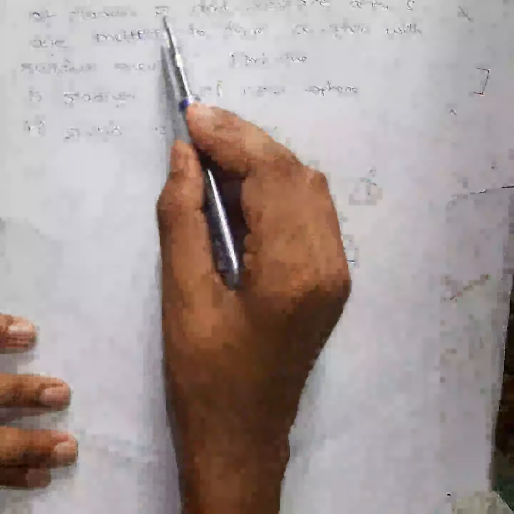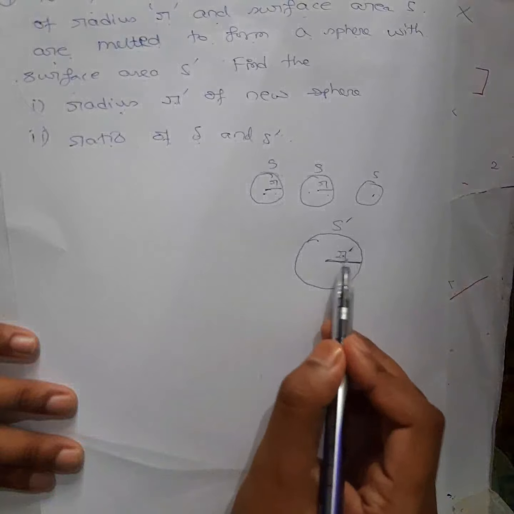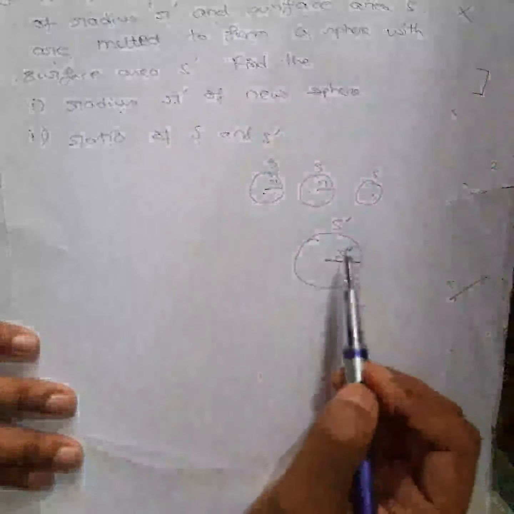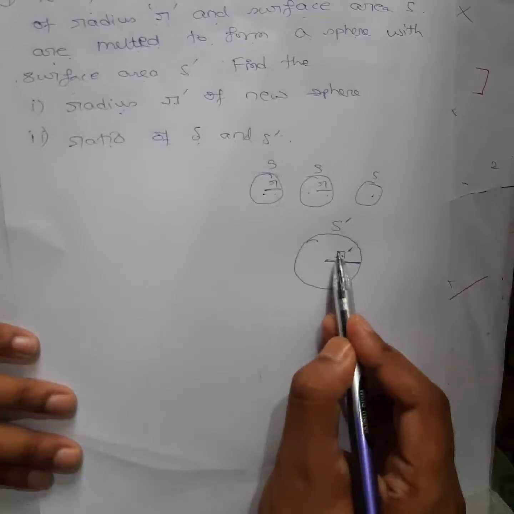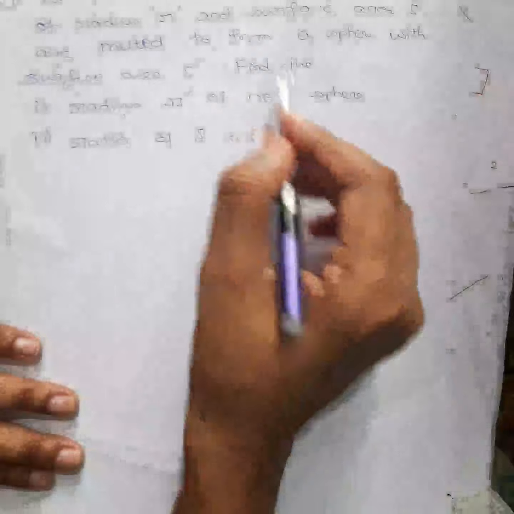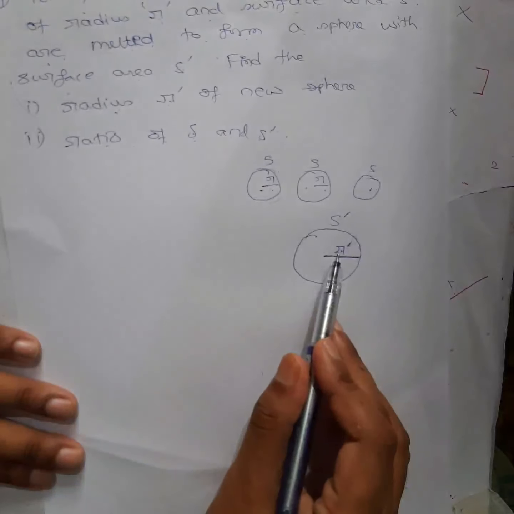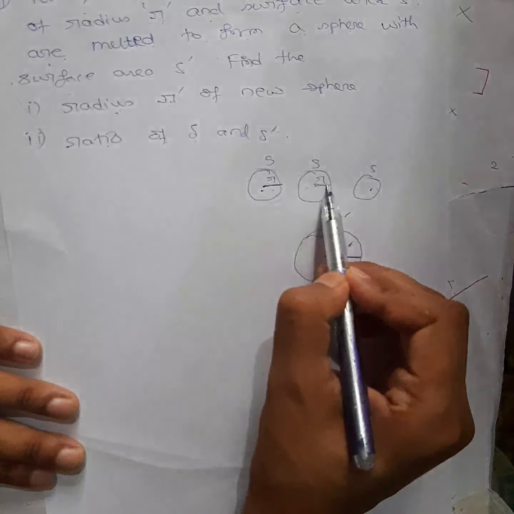The radius of the old sphere is also given in terms of r only. So if you find r dash in terms of r or s or something like that, then no problem. It's not that you will find the exact radius in terms of value. You will find it in terms of r or something else given in the question. You will not get a value, because no information for the whole sphere is given in terms of value.